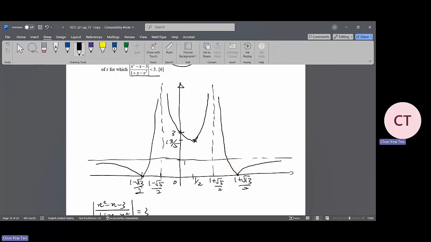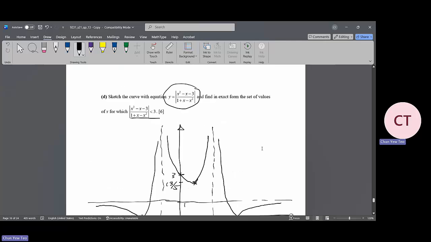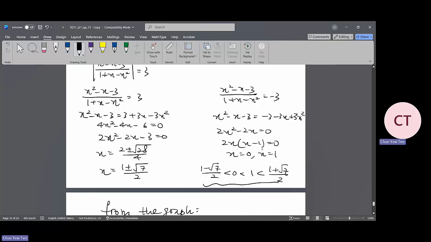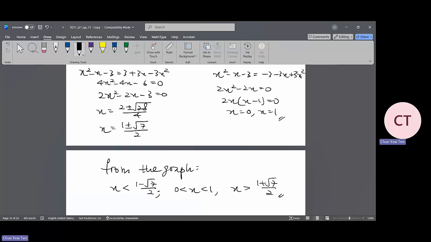Okay, so this will be the answer for 7D. This one also no need to show. You can erase it. And therefore, your answer will be this.